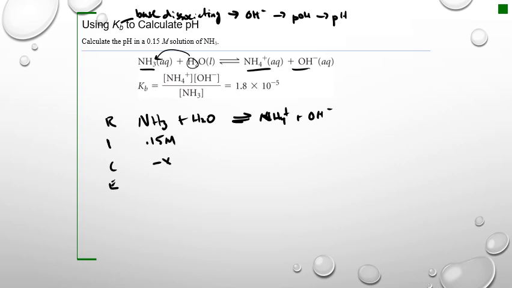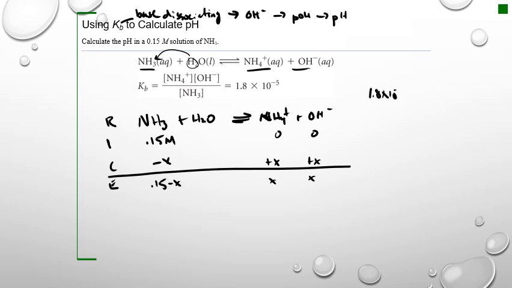I would have minus X. On the product side, I'd start initially with 0 for each, but I'd be adding X. So at equilibrium, I'd have 0.15 minus X, X, and X. So now, setting that into our expression, I'd have 1.8 times 10 to the minus fifth equals X squared over 0.15 minus X. But once again, we're going to make the assumption that X is approximately 0, and so that will cut off the minus X portion.